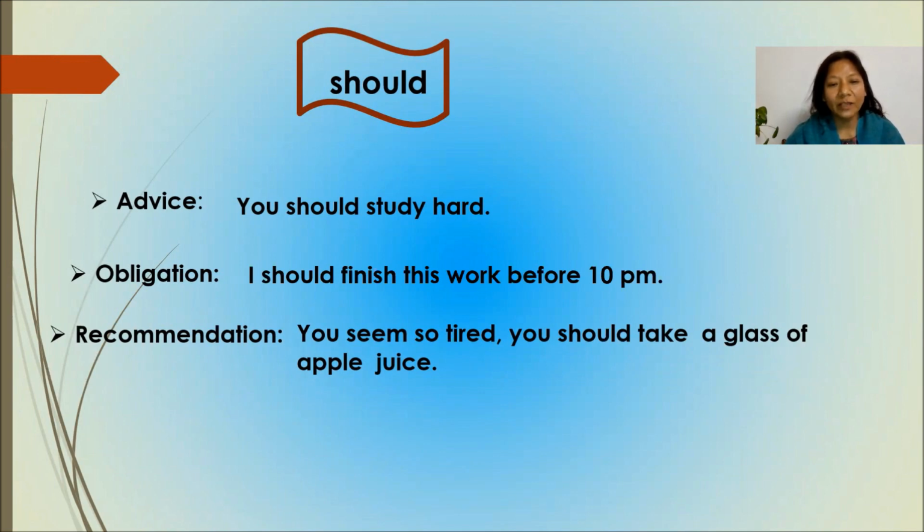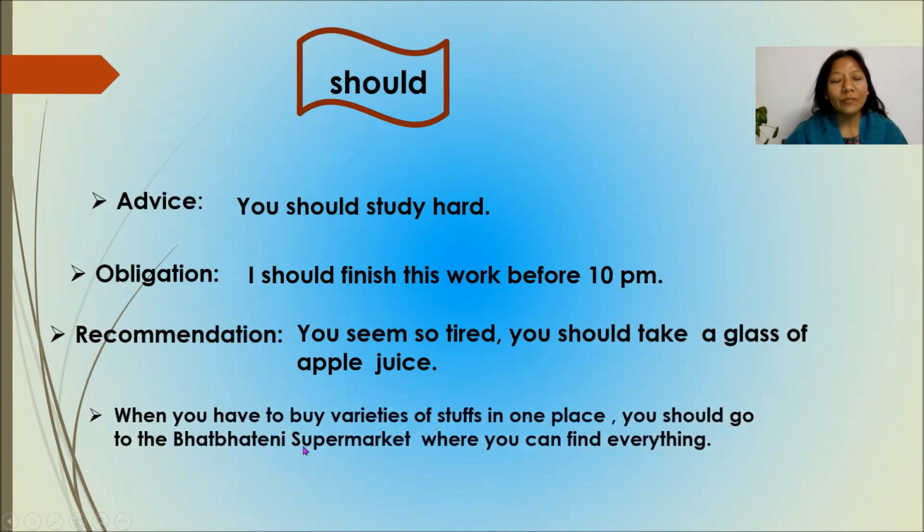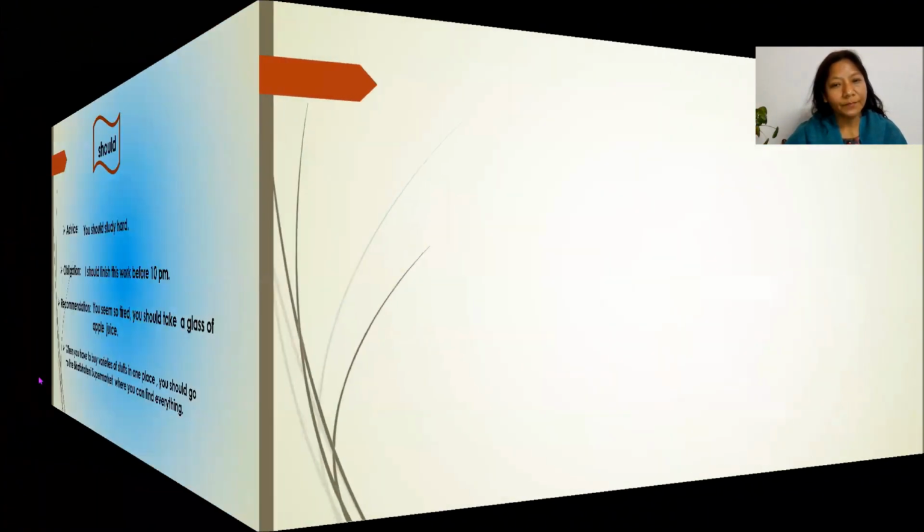Recommendation is a kind of advice. Another one, when you have to buy a variety of stuff in one place, you should go to the Patwittin supermarket where you can find everything, okay? This is the advice you are giving, to go to Patwittin supermarket so that you can buy everything there, okay?